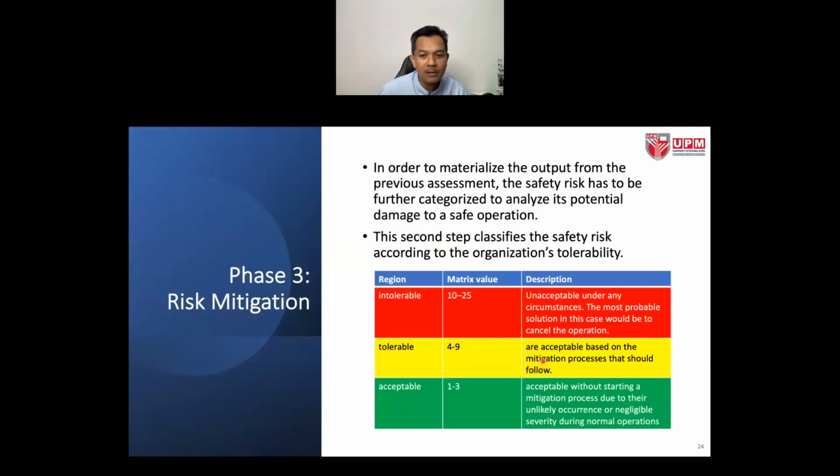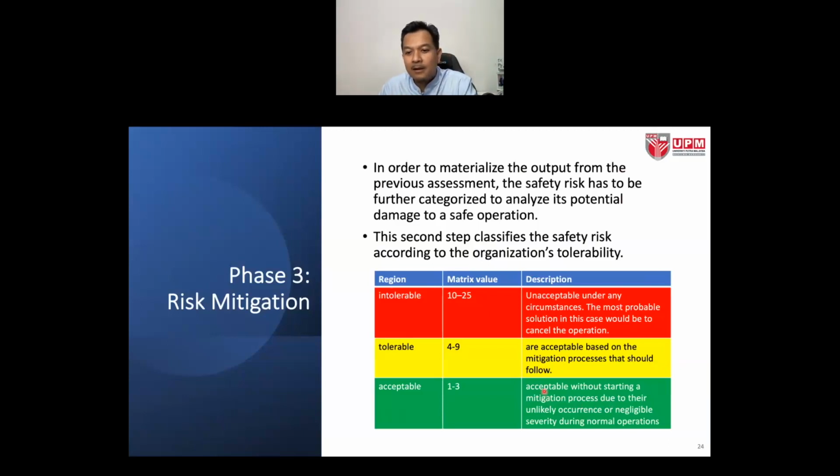How about tolerable? It is the condition that is acceptable based on the mitigation processes that should follow. So this is tolerable and acceptable. There is still a risk there, but it is acceptable without starting a mitigation process. As we already defined, mitigation is basically to reduce the severity.